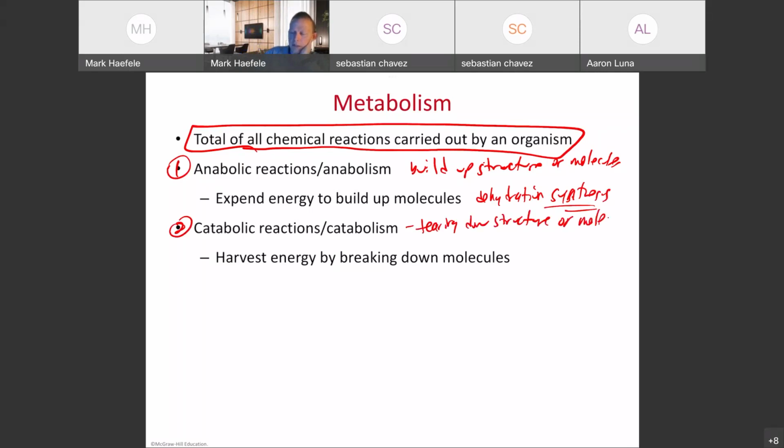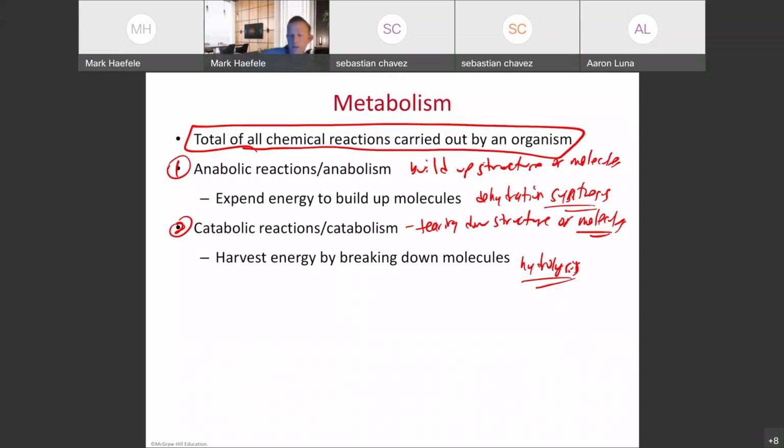This is your demolition side. And so a good example of this would be hydrolysis, right? We studied that one when we talked about major macromolecules, right? So where you're basically breaking down molecules or you're digesting things. So this is what's called anabolism and catabolism. You're either building things up to build your body mass or you're tearing things down like during digestion.